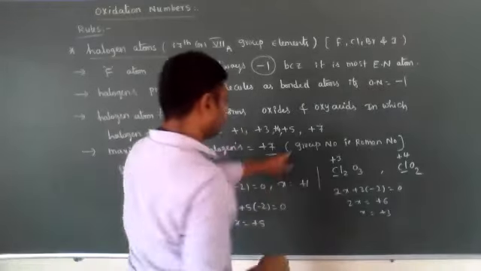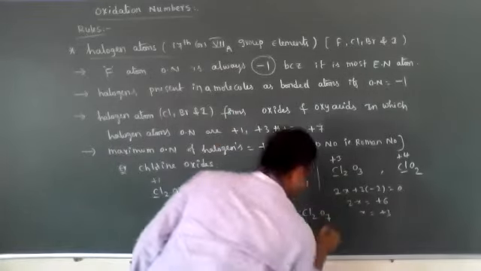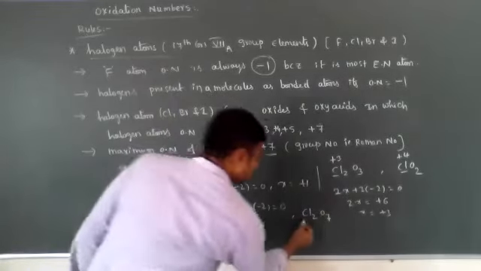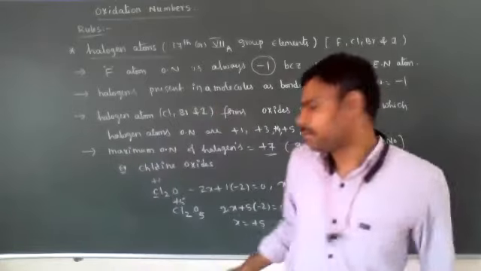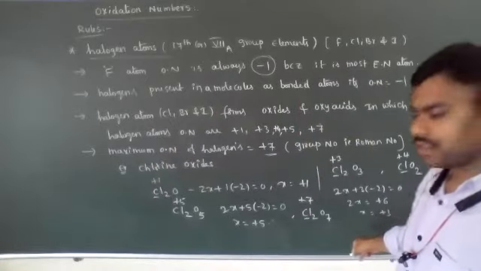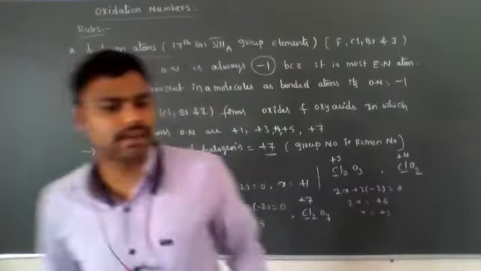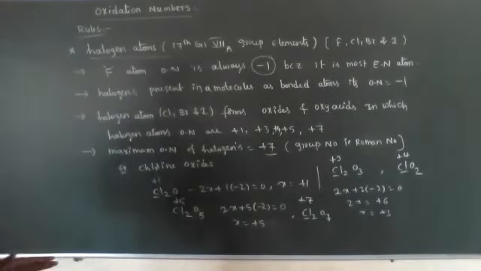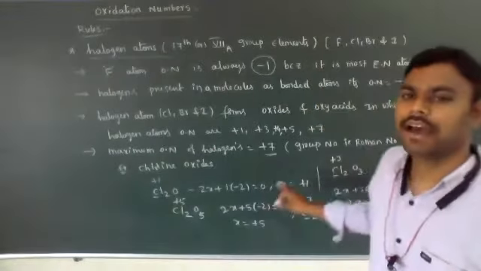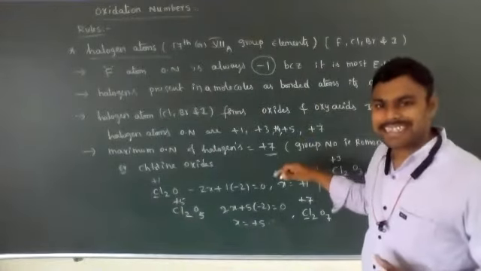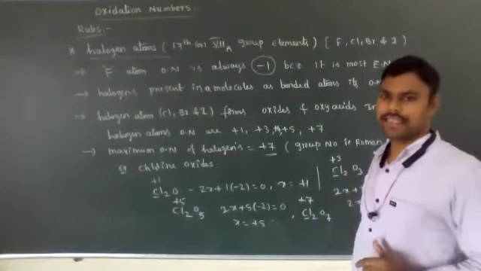And one more example for +7. Cl2O7. In Cl2O7, chlorine oxidation number is +7. 2x minus 14 is equal to 0. Then x is equal to +7. So chlorine or halogen compounds also exhibit +1, +3, +4, +5 and +7 oxidation states in their oxides and oxyacids.